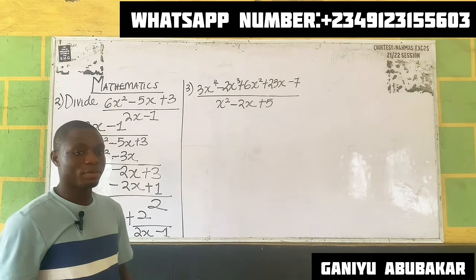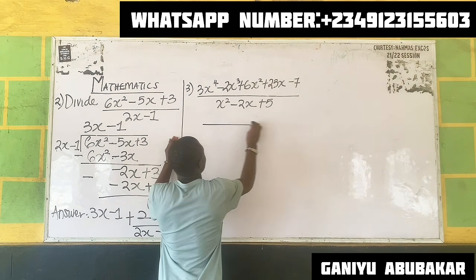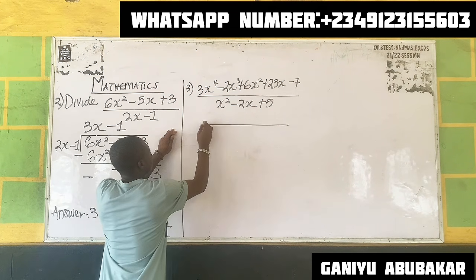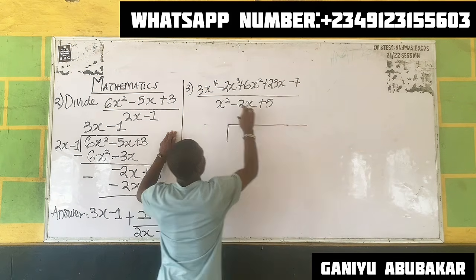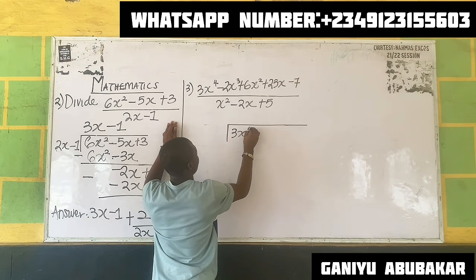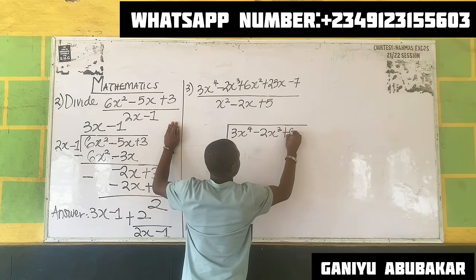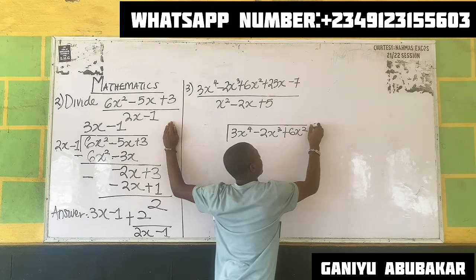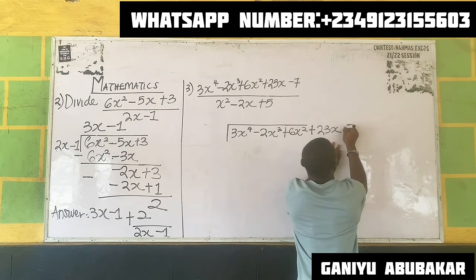Let's divide this. So your very first task, you draw a long division line this way. Take it down here a bit. So we said numerator is always inside. That gives you 3x to the power 4 minus 2x cubed plus 6x squared plus 23x minus 7.